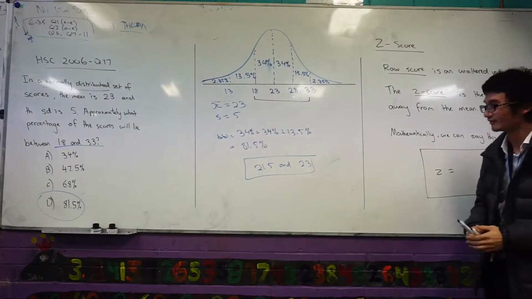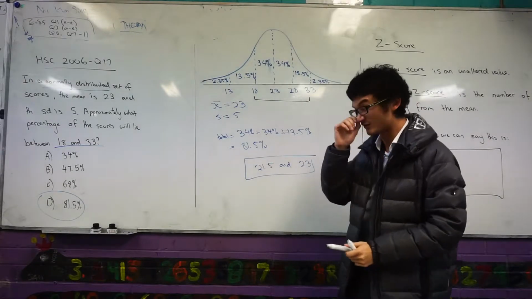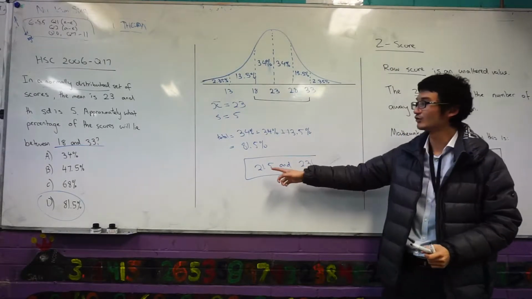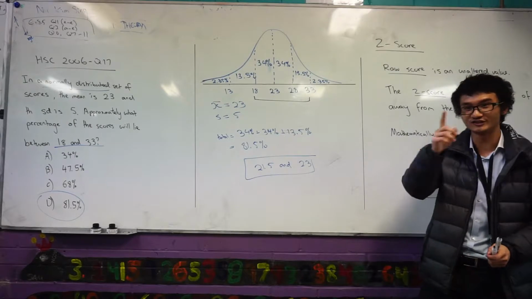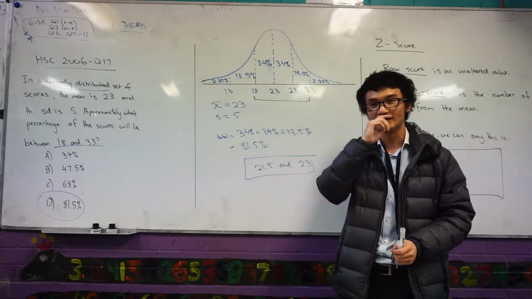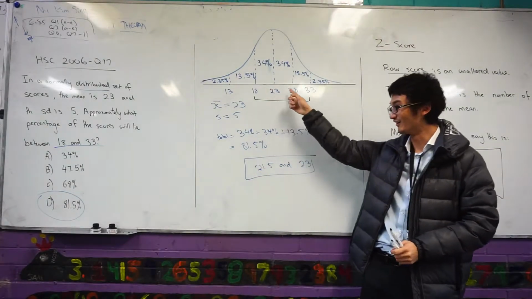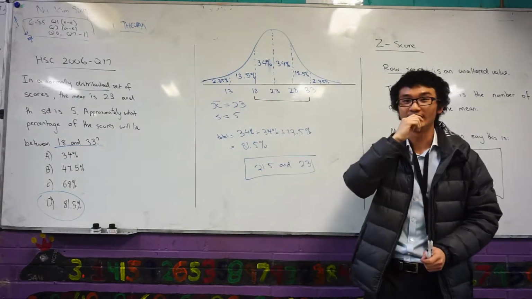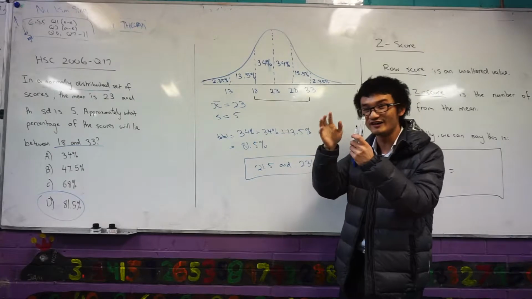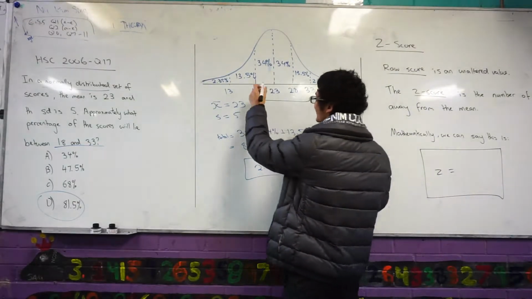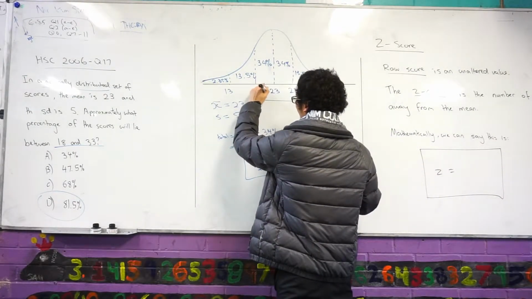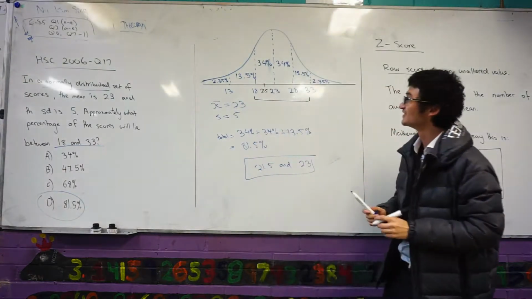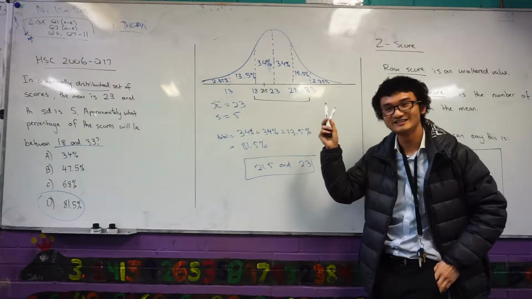If I asked you, what's the first thing you notice about 21.5? It's not on there. Yes, good. It's not on these scores. If we were trying to find it, it would be somewhere here, 21.5. Squeeze it in there. It's actually situated in a specific spot.